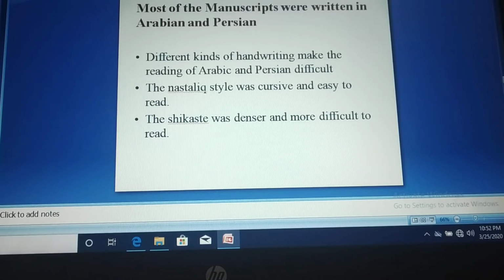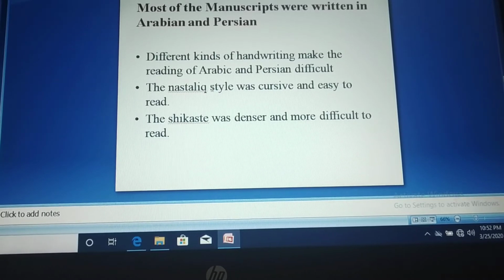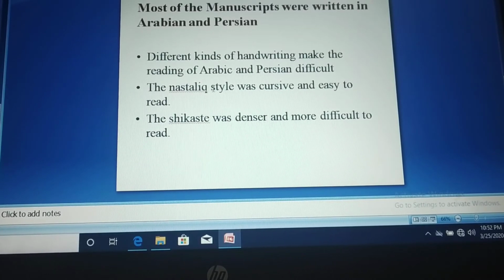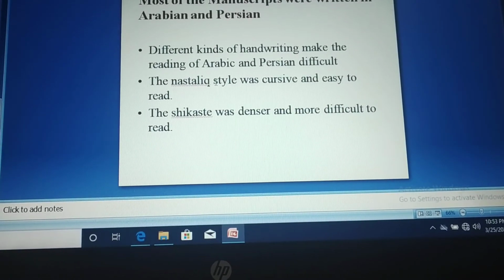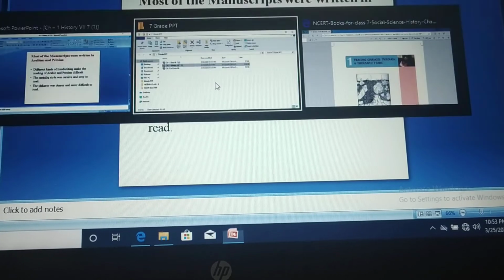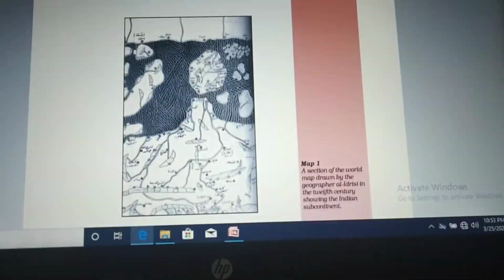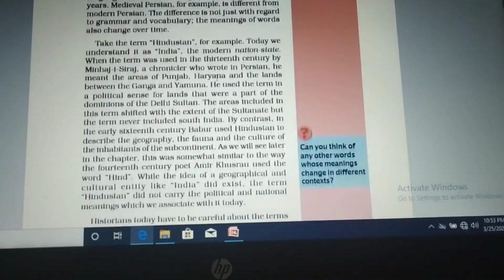Most of the manuscripts were written in Arabic or Persian, and different kinds of handwriting were used for reading and writing. One was the Nastaliq style, which was cursive and easy to read, and the second was the Shikasta style, which was denser and more difficult to read. I'll show you the picture of Nastaliq and Shikasta.